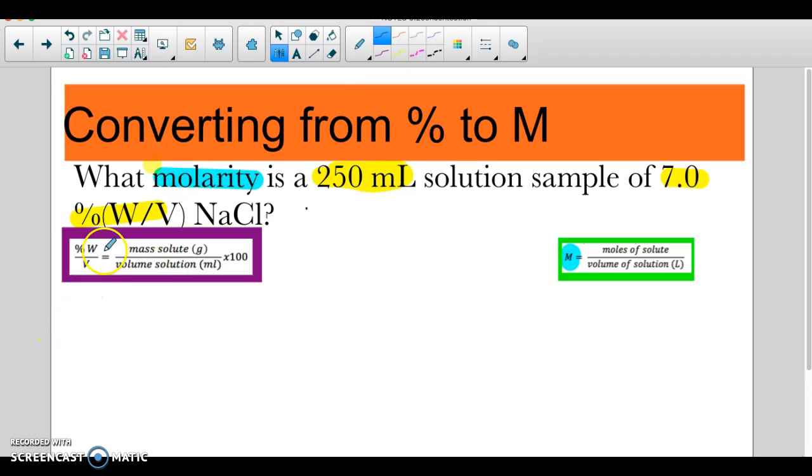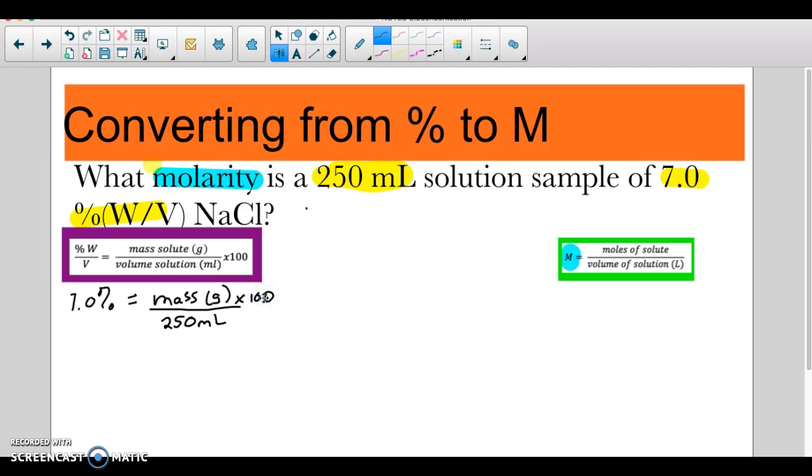So if I plug into this equation, I would put in my 7% from the question. It's going to equal my mass of solute, which is going to be my X, but I'm just going to leave it as a word, over my volume in milliliters, times 100.